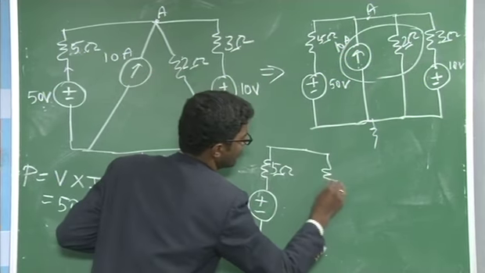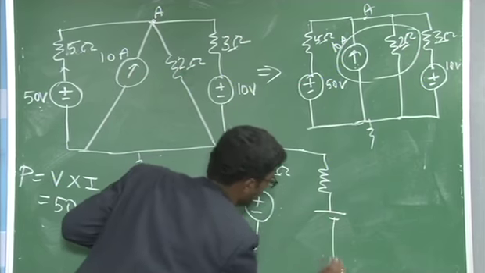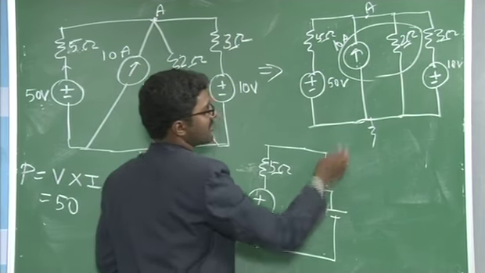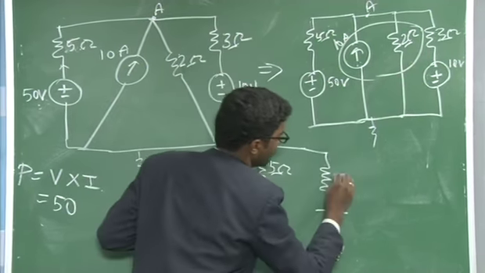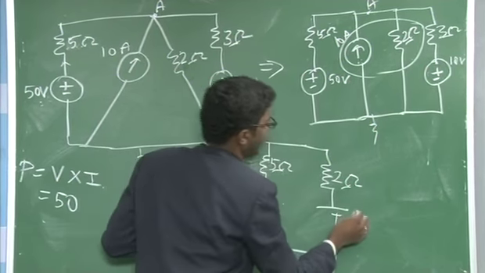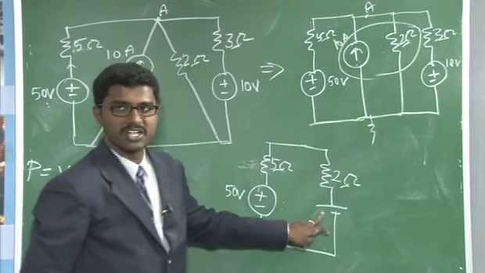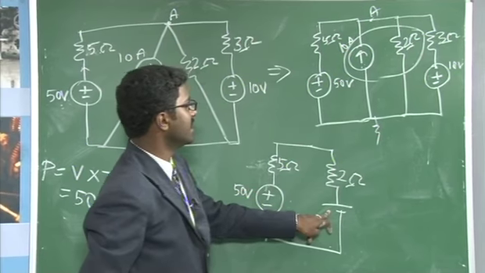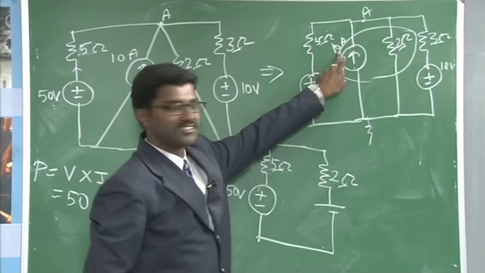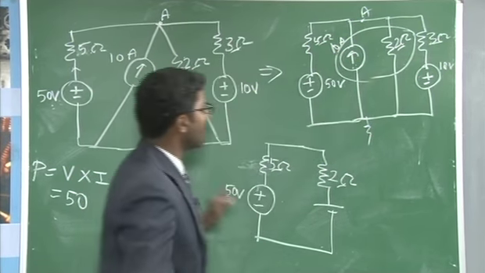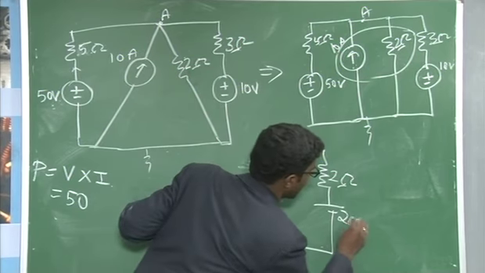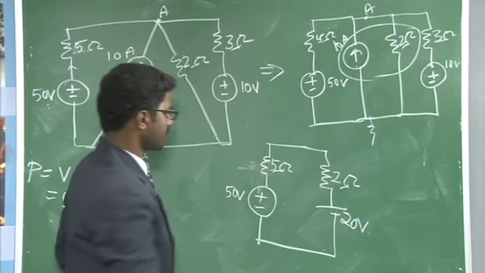A resistance in series with a voltage source. The resistance will be the same as your source resistance, which is equal to 2 ohm, and the magnitude of the voltage will be V is equal to I into R. That is, I is given as 10 into resistance 2, 10 into 2 will become a 20 volt source.